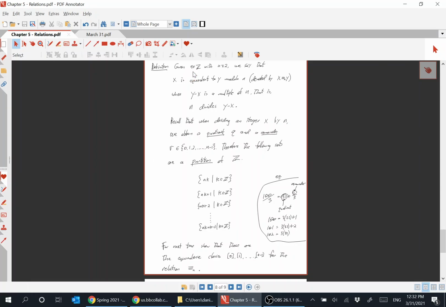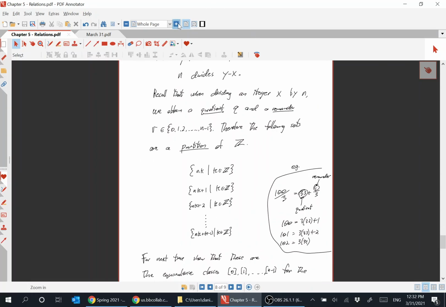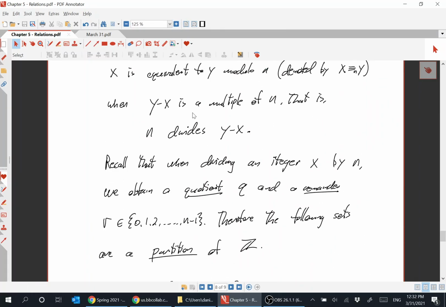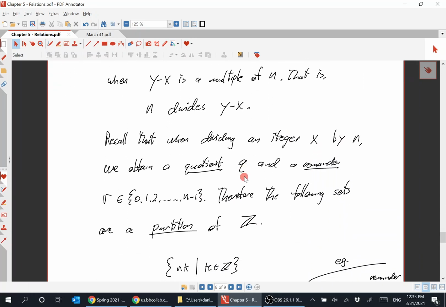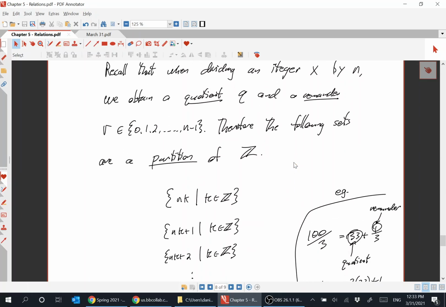Given n in the integers, and this is a really important one, by the way. Given n an integer with n at least 2, we say that x is equivalent to y modulo n, denoted this way, when y minus x is a multiple of n, that is, n divides y minus x. So recall that, when dividing an integer x by n, we obtain a quotient q and a remainder r between 0 and n minus 1.